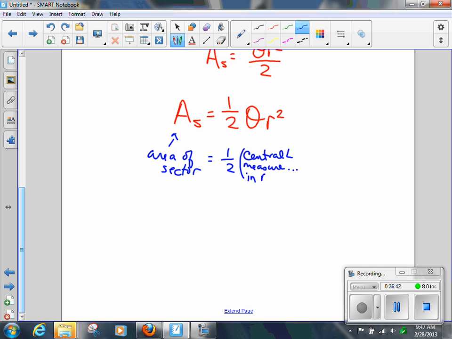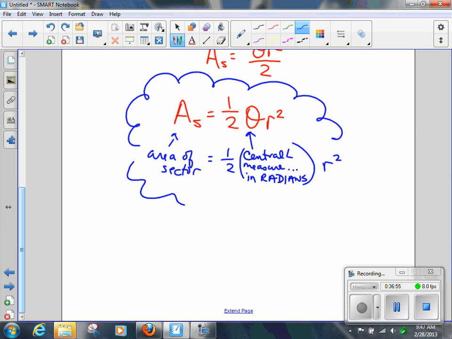In radians, has to be. Times the radius squared. That formula goes on your card.